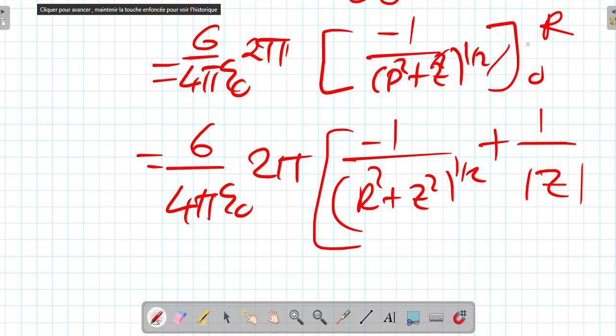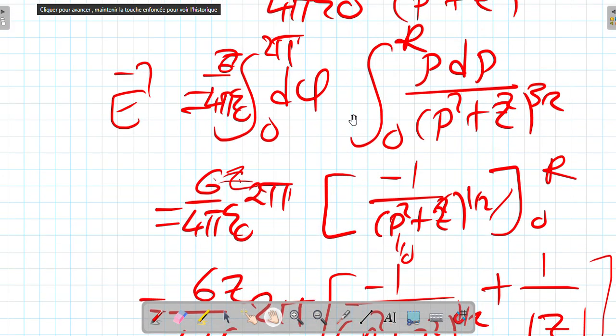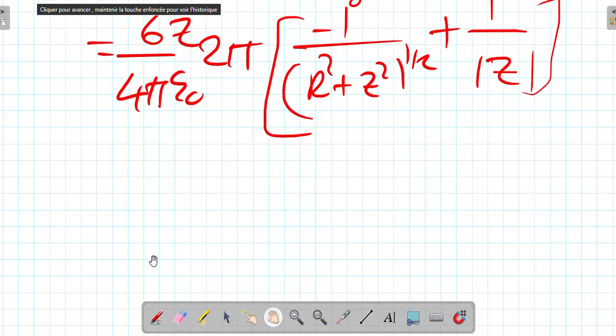So if you put r at first, you had this, then minus the value at 0. Now there is a z here, I always forget it. There's a z in the constant, so you can multiply this z throughout. This 2 pi and this 4 pi will simplify.